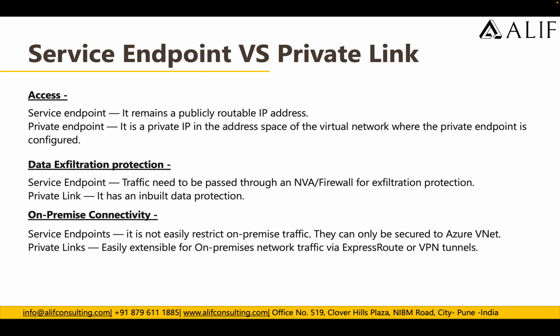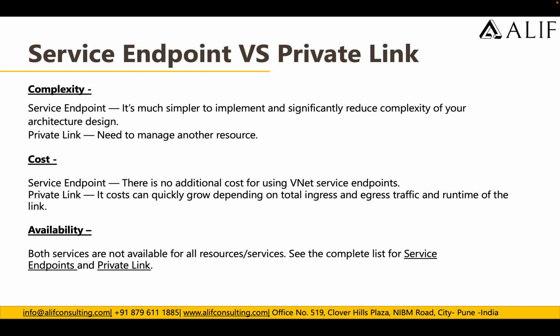With private link, we have inbuilt data protection, and with the service endpoint, traffic needs to be routed through the NVA firewall for protection. Service endpoint is not easy to restrict for on-premise traffic. With private link, it's easy to restrict the on-premise traffic because the data travels between the VNets, or from on-premise to the VNet using ExpressRoute or VPN tunnels.